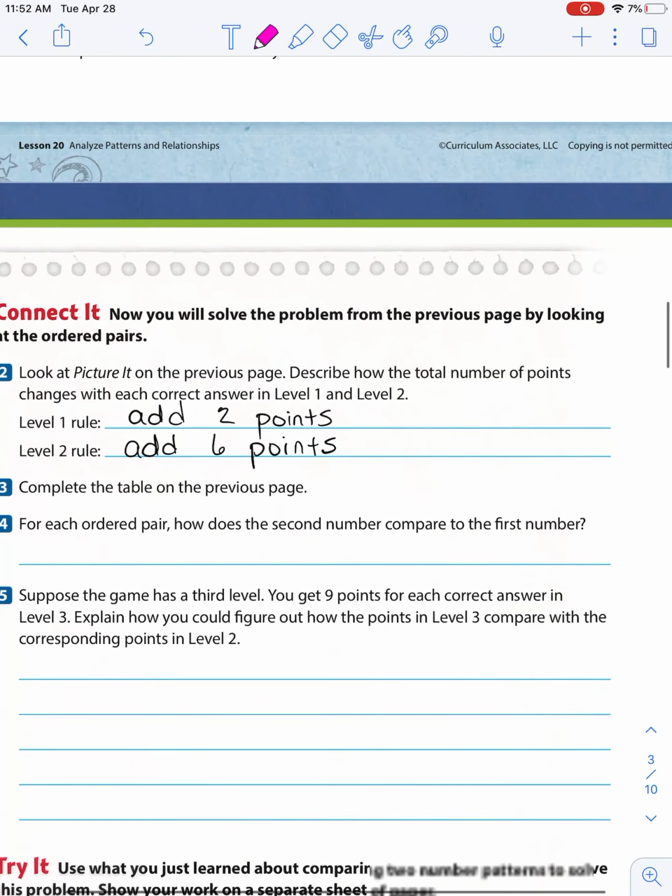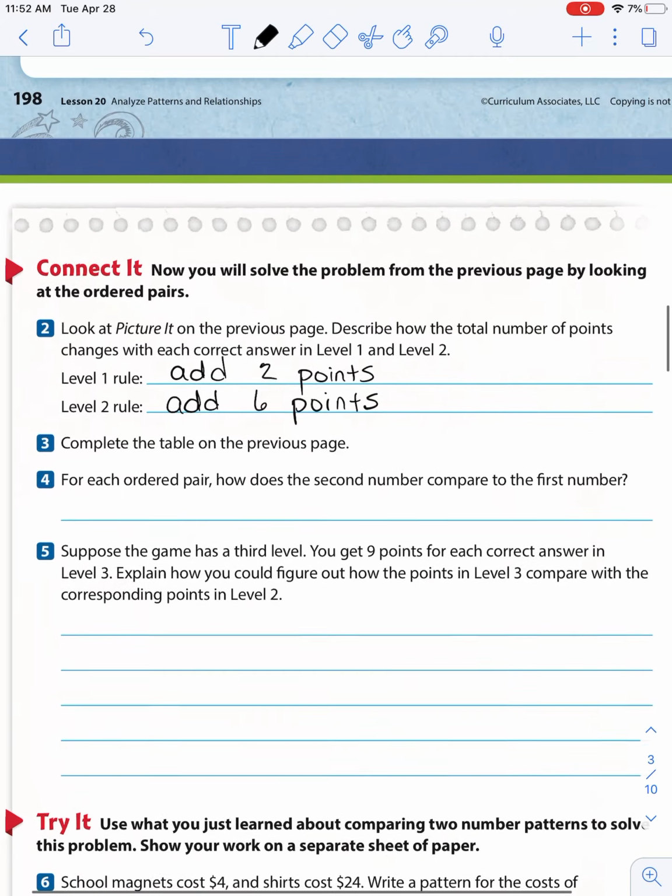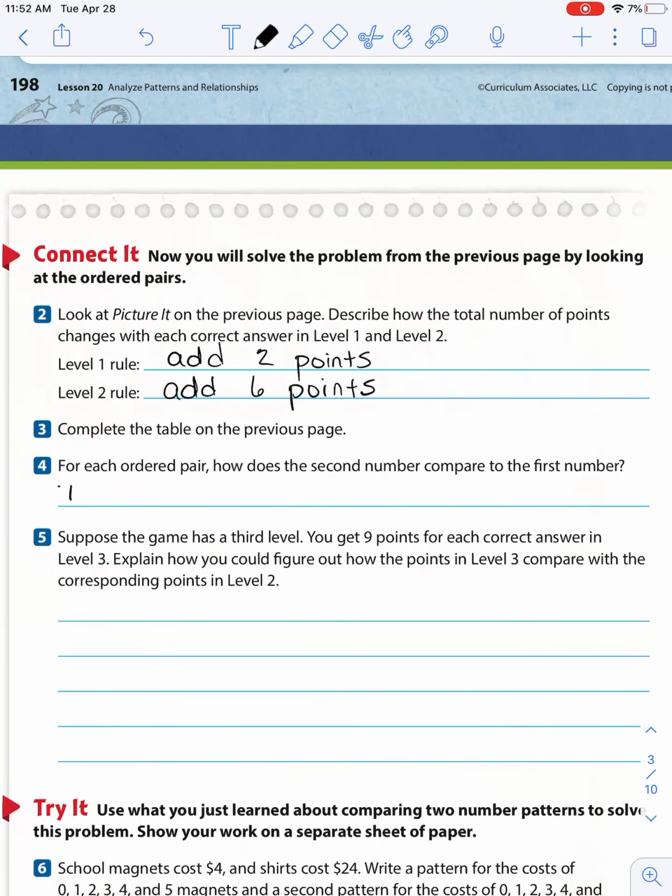If you compare those, the second number is 3 times bigger than the first number.